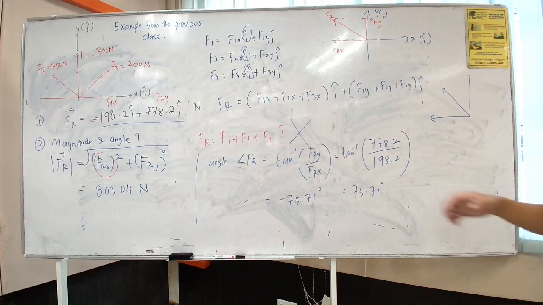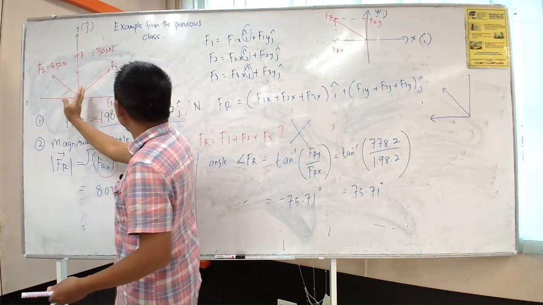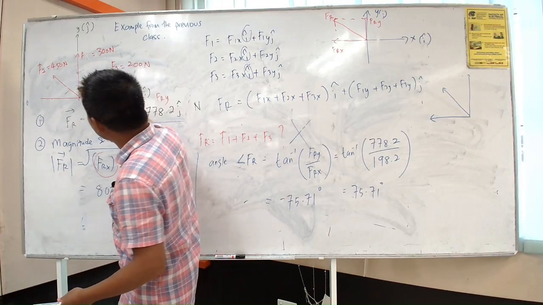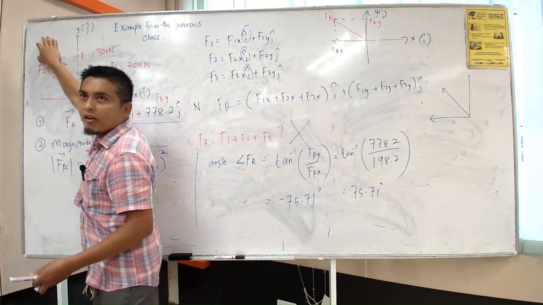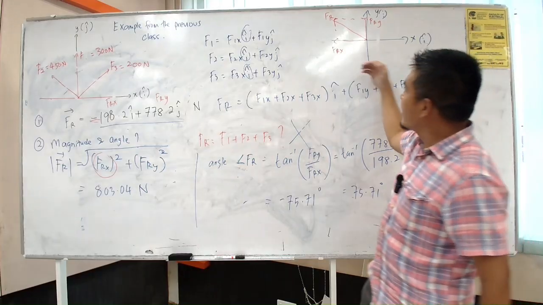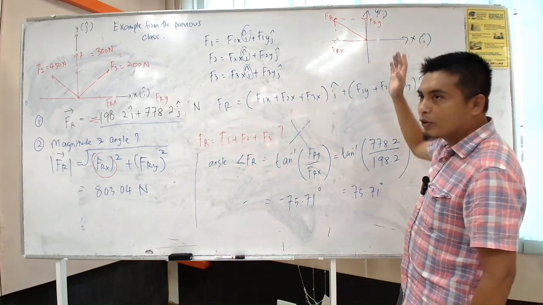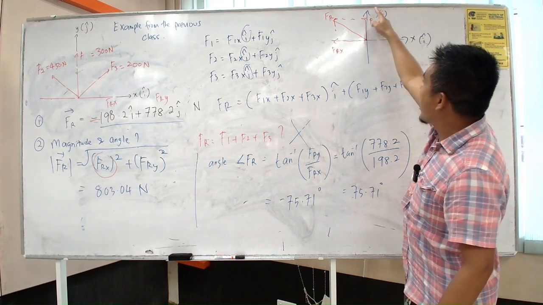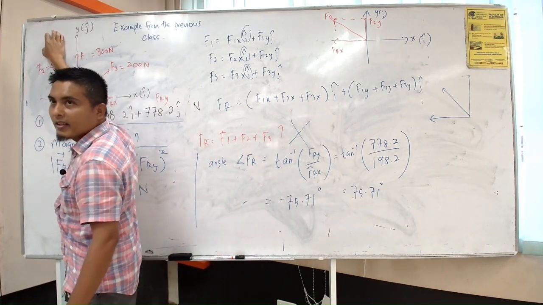Okay, so it means that when you pull F2, F1, and F3, this thing moves in this direction. Is it correct? Because your FRX goes to the left, your FRY goes up. So the combination of left and up, that's why it will move in this direction.